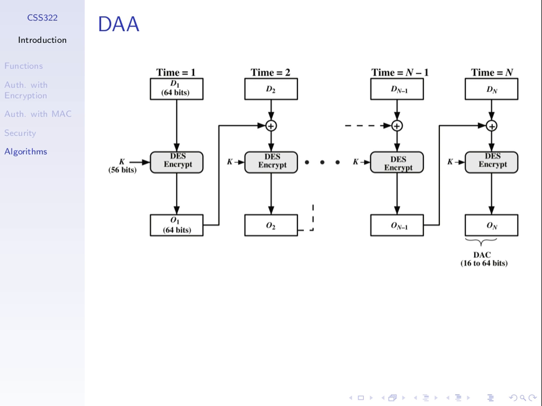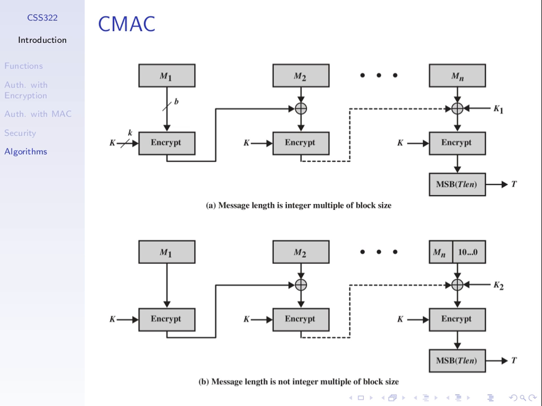If we want a 16-bit MAC value, we could take the first 16 bits. And that's a MAC of our data or message on input using some shared secret key K. So really it's applying our modes of operation using our existing ciphers. And that's what the others do as well, but in different manners, and they have different advantages.